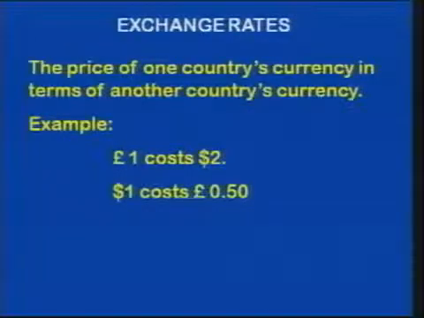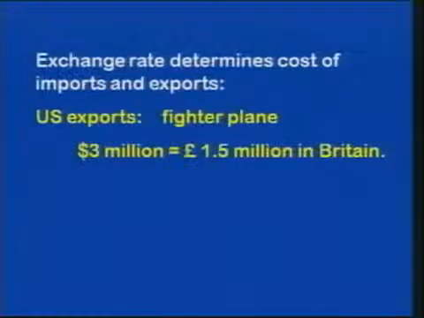The main thing that exchange rates do is to determine the prices of goods that are imports and exports to each country. So for example, the United States, one thing we sell a lot of is defense products, fighter planes. We sell them to the rest of the world.